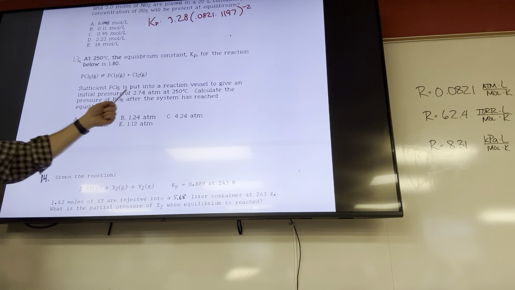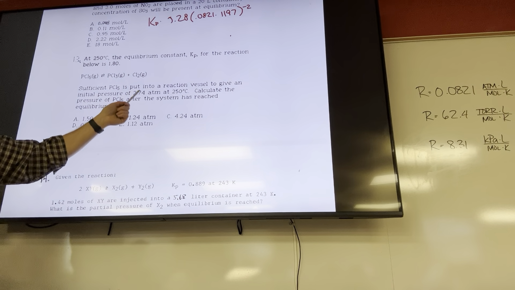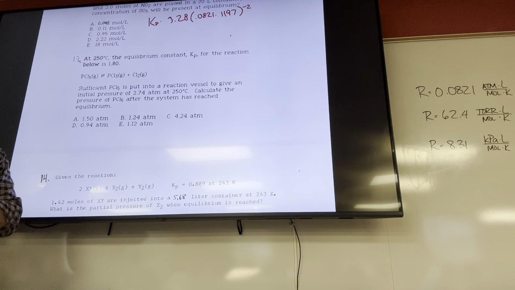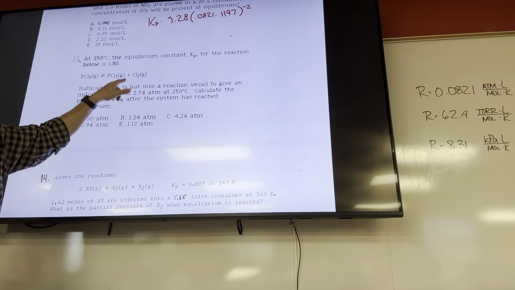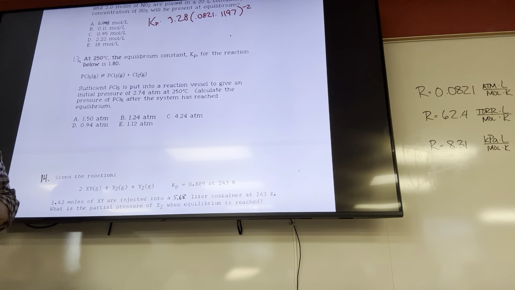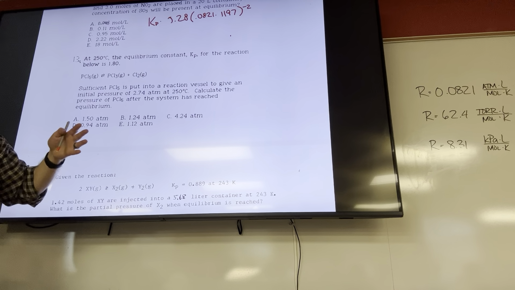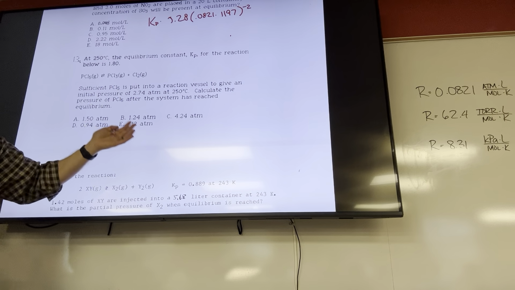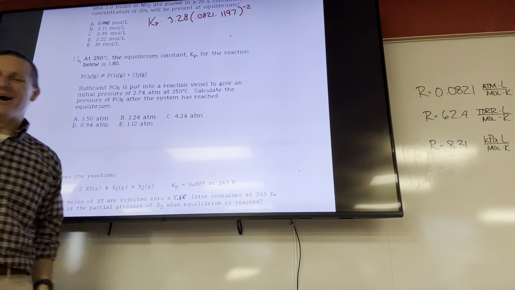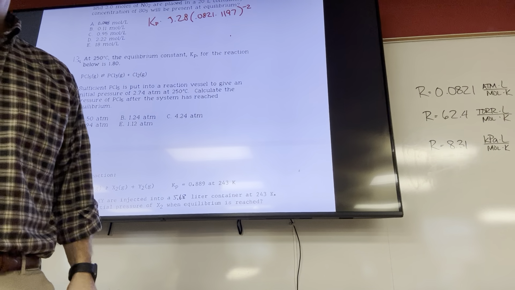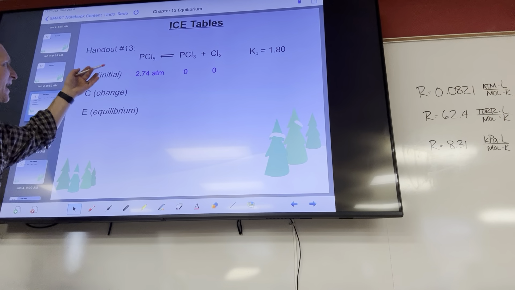So we're starting, initially, we have a pressure of the reactant, 2.74. The problem says nothing about PCl3 and Cl2. If the problem doesn't refer to those, then you can assume that you're starting with none. I mean, what else are you going to assume? So I have already begun this thing by creating an ice table.